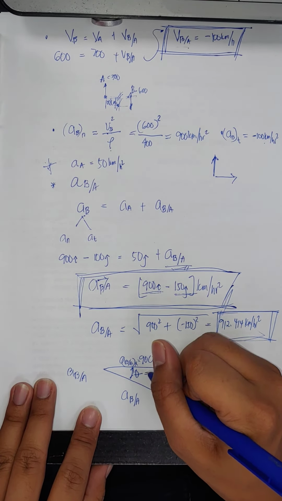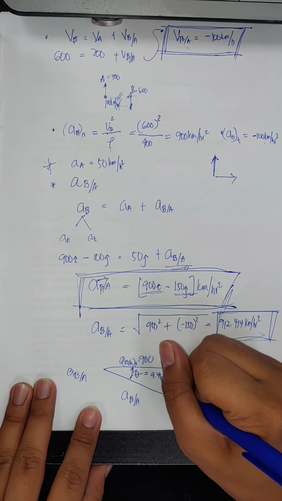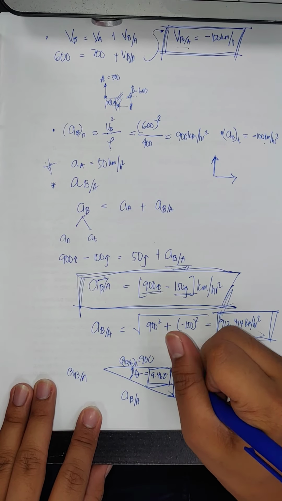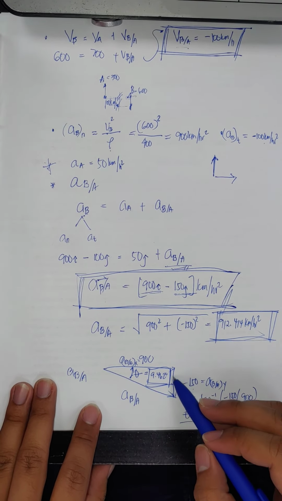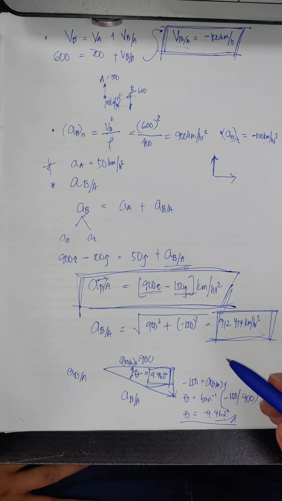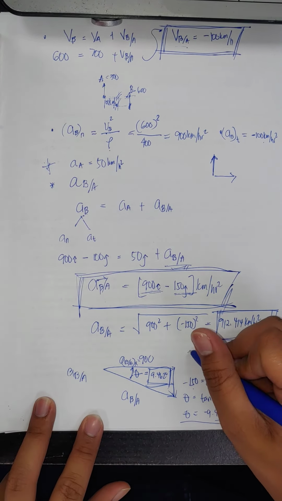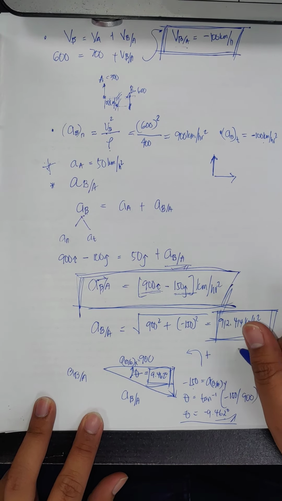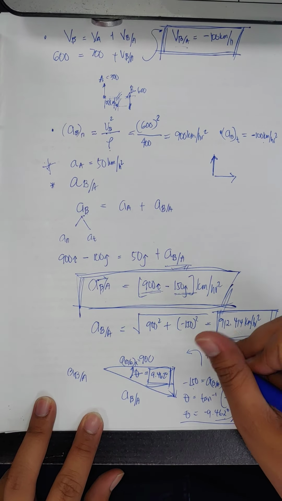So ato ang yung direction is 9.462 degrees. So kani negative indicates nga panaog ang iyaang direction or clockwise motion. So di ba sa angle pag counterclockwise positive, pag clockwise negative.